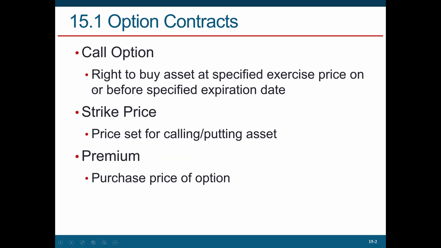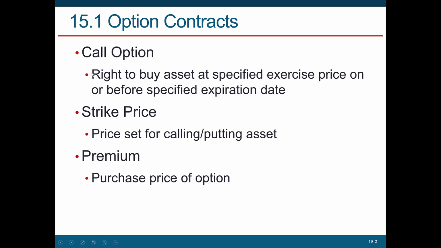All right, so let me just carefully go over the definition of these options, and then I'll illustrate this idea of call and put options with an example. So as you can see here, a call option gives you the right to buy the underlying asset at a fixed pre-specified price, that is known as the exercise price, on or before a particular expiration date, right?